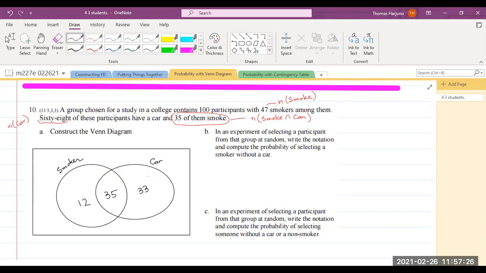When I wrote this question, I didn't have any intention whatsoever in mind. I just picked a case. But suppose you want to see what percentage of people who smoke have a car, and if they don't smoke, they have a car, then from there we may see that, you know what, if you want to have a car, you better stop smoking.